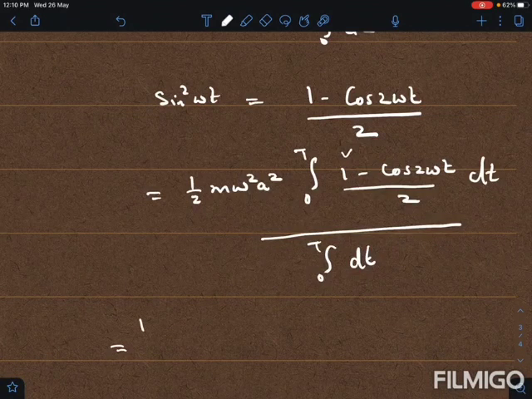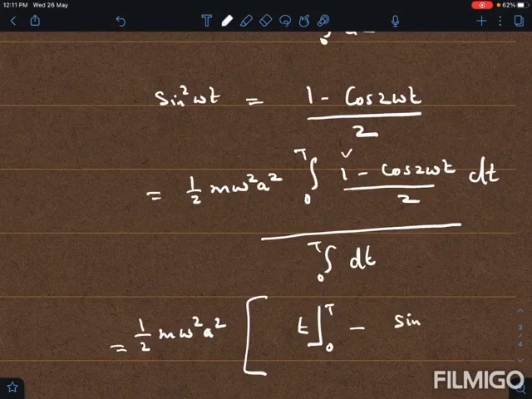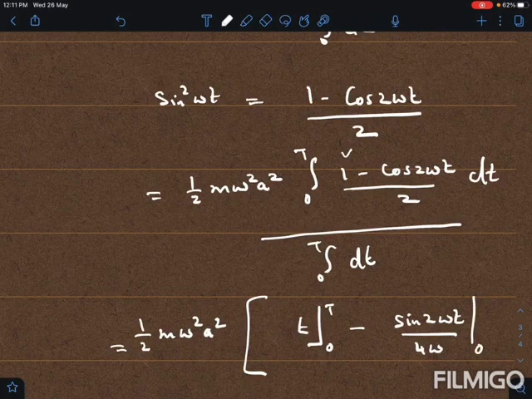So you can just write it as half m omega square A square, with t limits 0 to capital T, minus sine 2 omega t by 4 omega, that's also from 0 to T. Then you have this 2 here, so this 2 will become 4.